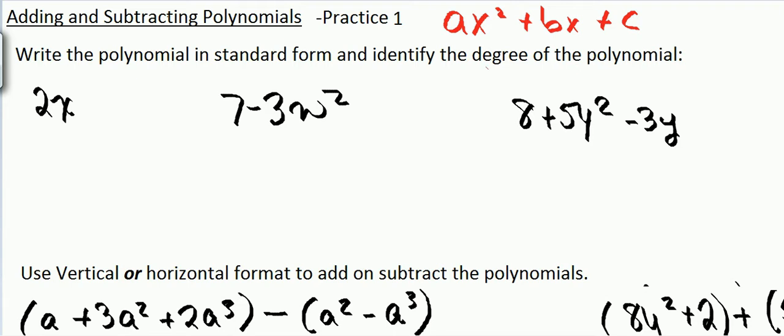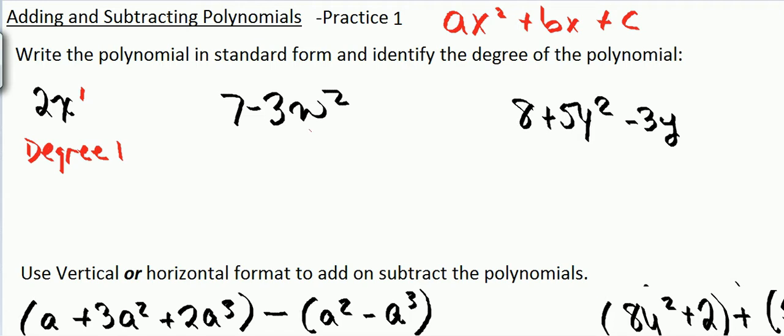Then we will identify the degree of the polynomial, which is the monomial that has the highest degree. So our first one is 2x. It's just a monomial, and it is of the power 1, so degree 1.